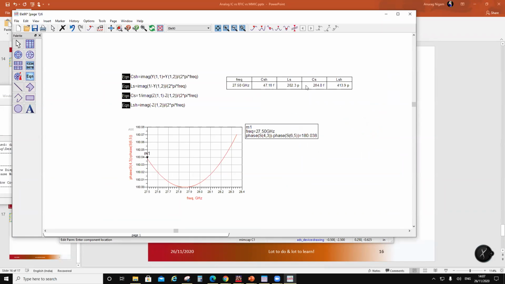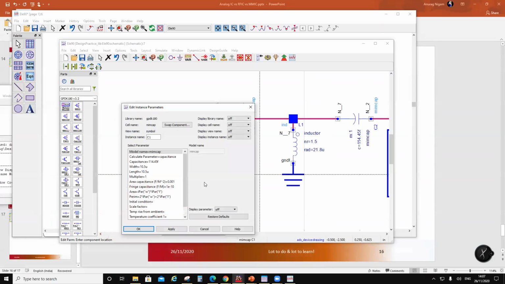The new values are 284. So for that, I will be somewhere around 18, and 18 here. That is 331. So 16.5 and 16.5. 280.